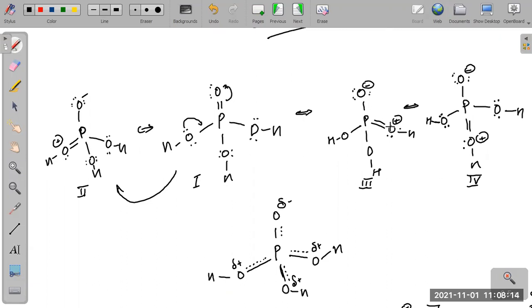Further, there can be transfer of the second, the three marked oxygens.